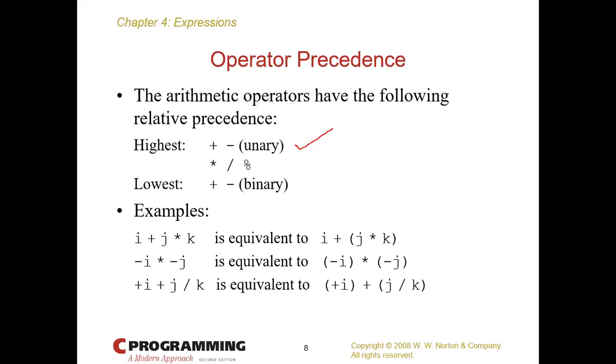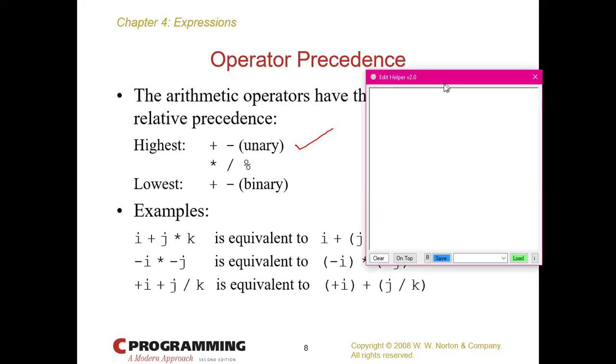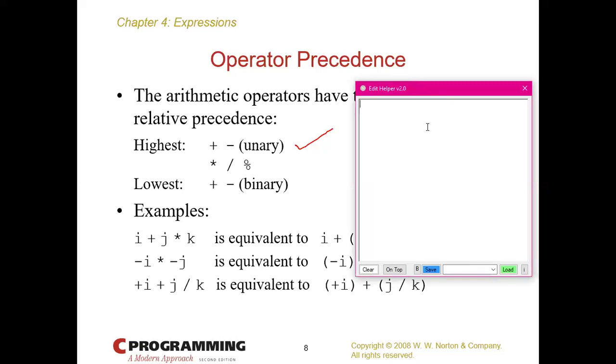Let's just open a little text window. So if I have 3 plus 2 plus minus 5 times 2 times 3 times 7 divided by 2 minus 4.